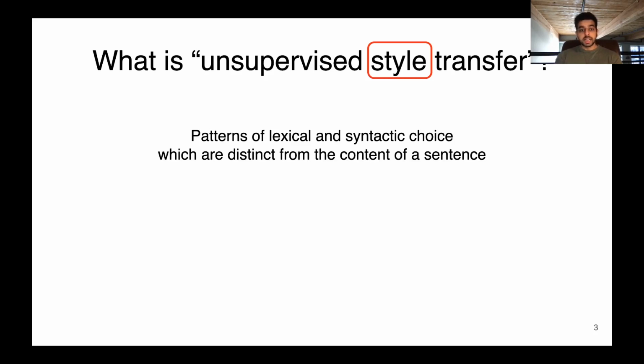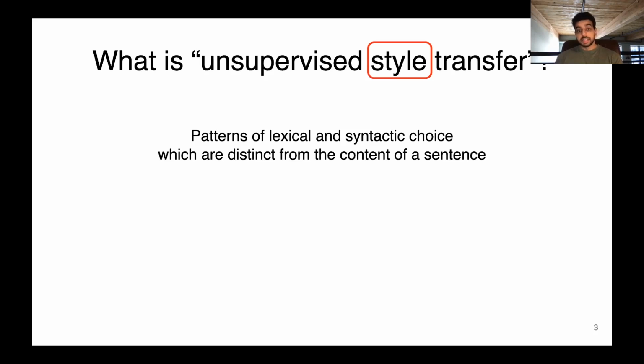The style of a text refers to the patterns of lexical and syntactic choice, which are distinct from the content of a sentence. When I say lexical choice, that means what kinds of words did I use to express a particular meaning? Were they simple words that a general audience could understand, or were they more uncommon words that maybe speak to a different audience?